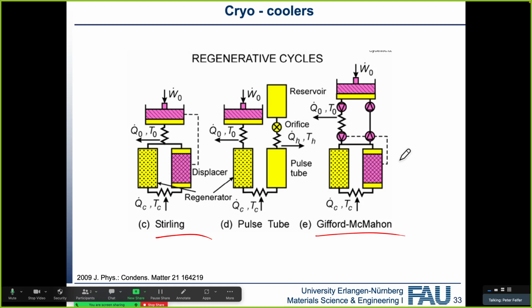So we are typically using Gifford-McMahon systems where the compression bit and the displacer bit are separated. So you can use just a regular gas compressor to compress the helium, and then just have a cold head that does the displacing motion. And this is typically the sound that you hear when you go into an atom probe lab, the sound of the displacer going back and forth.